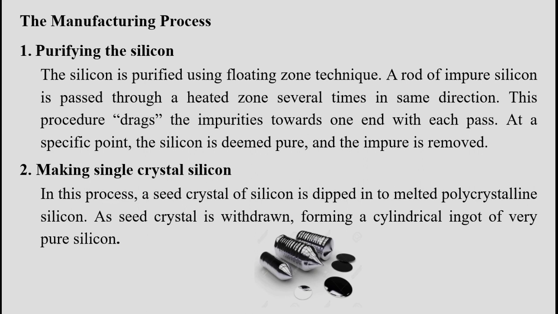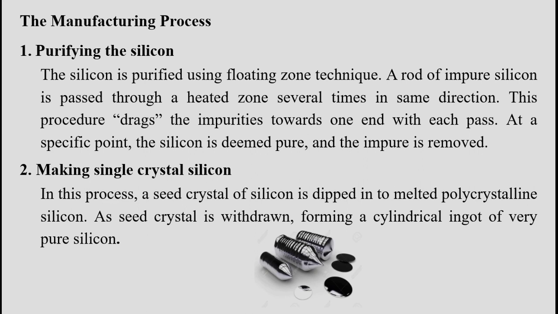In the Siemens process, the metallurgical grade silicon is converted to a volatile compound, which is condensed and refined by fractional distillation. But the Siemens method produces polycrystalline silicon. We need to get single crystal silicon.